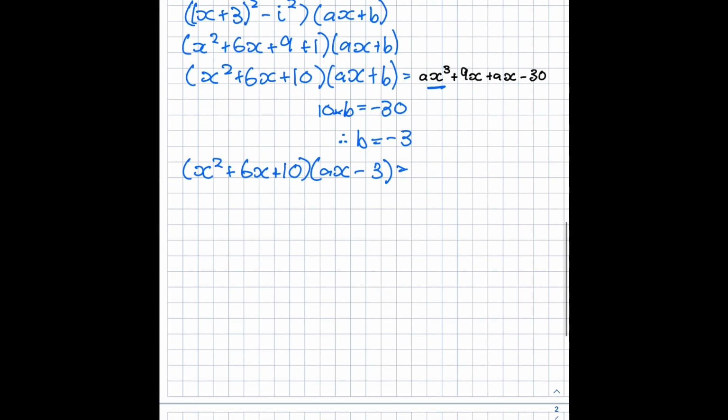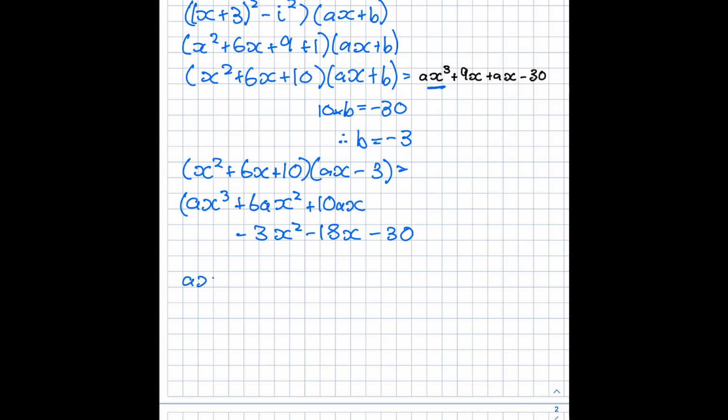So let's expand this. I'm multiplying everything by this term here, and I'm going to get ax cubed plus 6ax squared plus 10ax. Now I'm going to multiply -3 by all of these terms, so I get -3x squared, -18x, take 30.